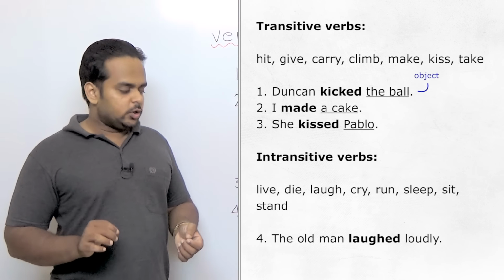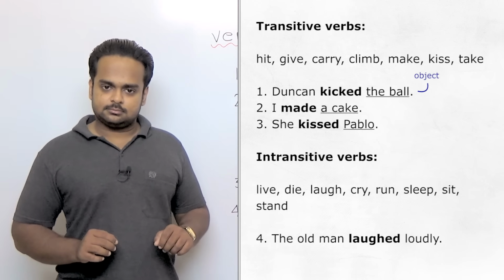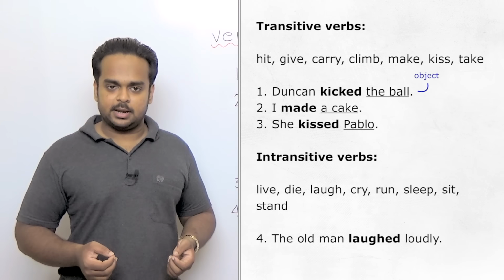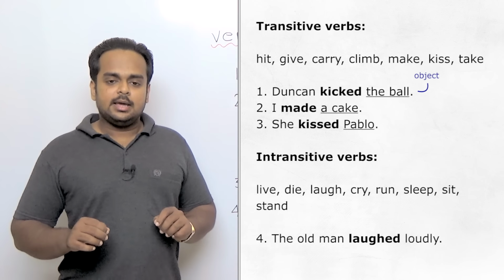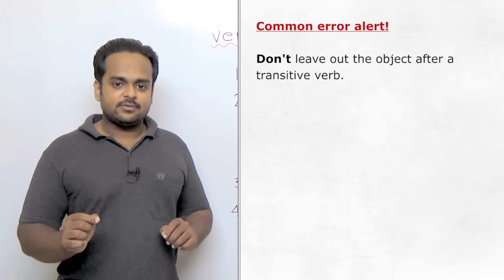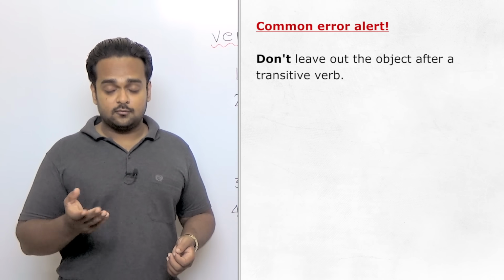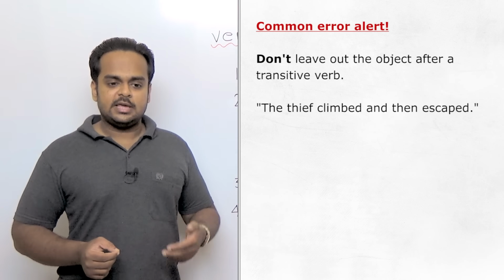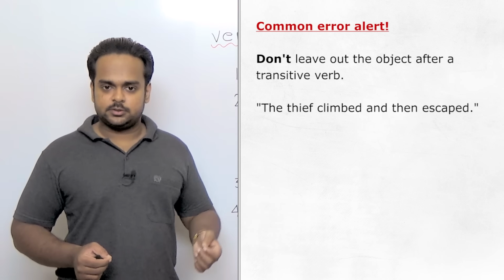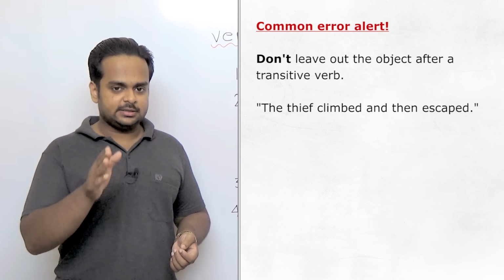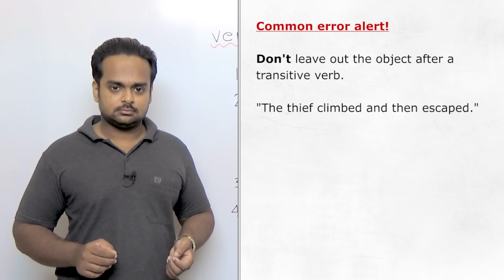Okay, I told you that students make mistakes with these. What kinds of mistakes do they make? Well, the most common mistake is that students often leave out the object with a transitive verb. For example, students say, the thief climbed and then escaped. Can you identify the error in that sentence?